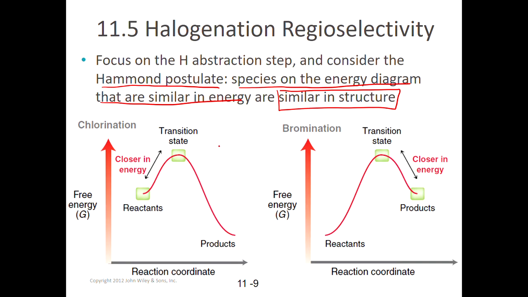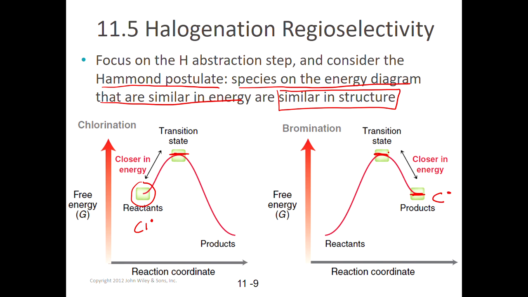So in the chlorination, as we just said, the transition state looks more like the reactants because it's closer in energy to the reactants, and the reactants involve the free radical existing on the halogen rather than the carbon. But in the bromination, the transition state is closer in energy to the product of that step, which is the carbon free radical.